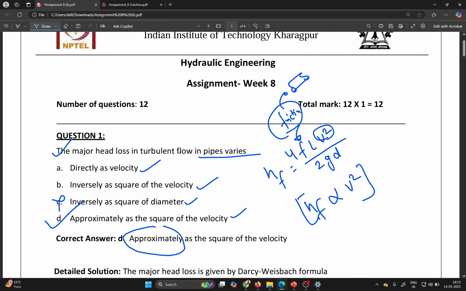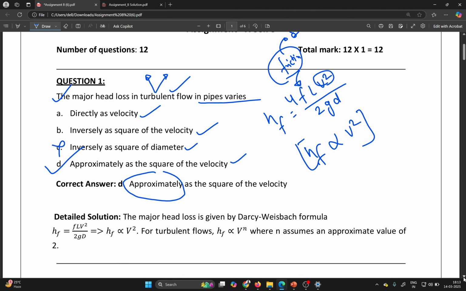Question number 1, the major head loss in turbulent flow. One thing is important here. In the case of turbulent flow and laminar flow, in both cases for calculating the major head loss we will use the same formula, h_f is equal to f L V square by 2 g D. If the friction factor is given as a friction coefficient C, the friction factor is 4 f, where f is the Fanning friction coefficient.